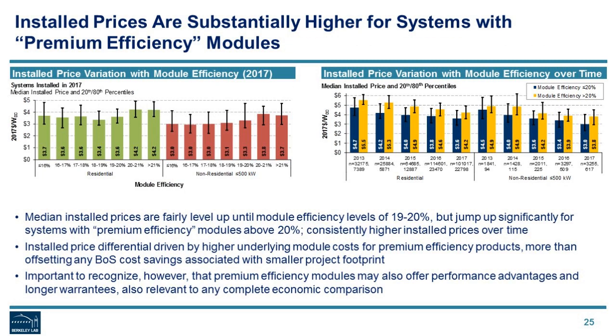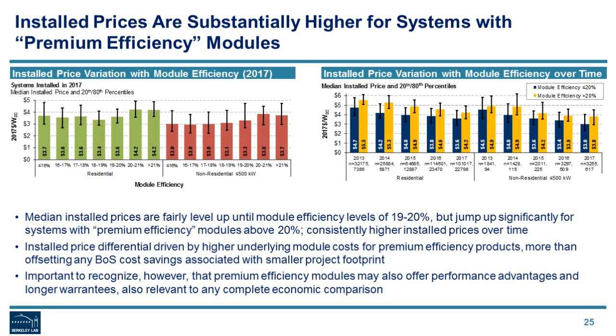I mentioned that some installers may tend to use higher end components, and really primarily what I'm referring to there is the module technology, where there can be some rather significant differences in underlying module costs based in part on the efficiency of the module. So across our entire sample of projects in 2017, module efficiencies varied pretty widely from about 15% to 22%.